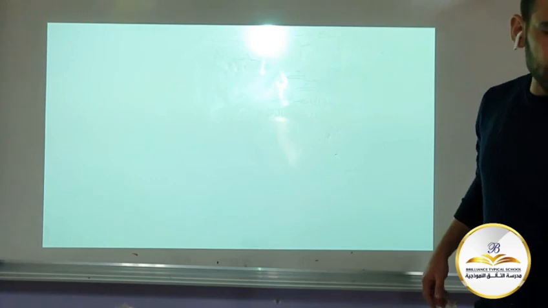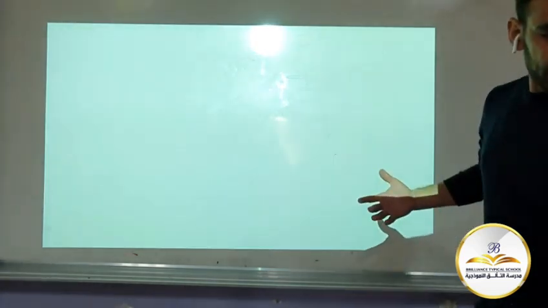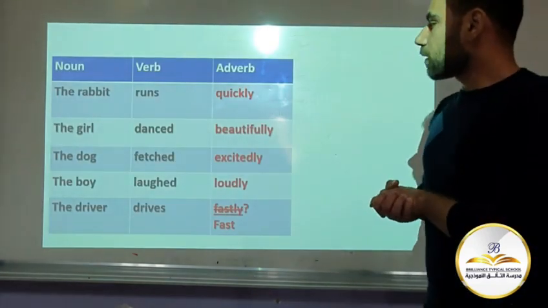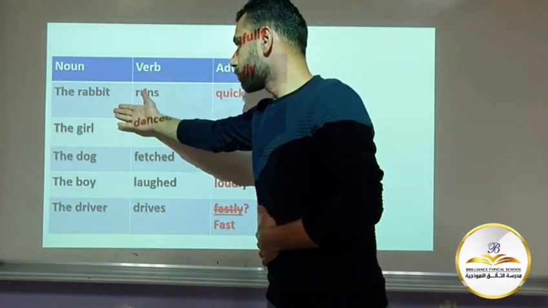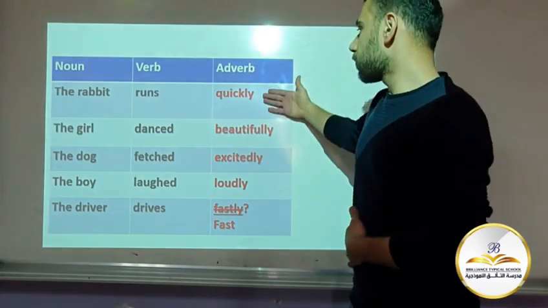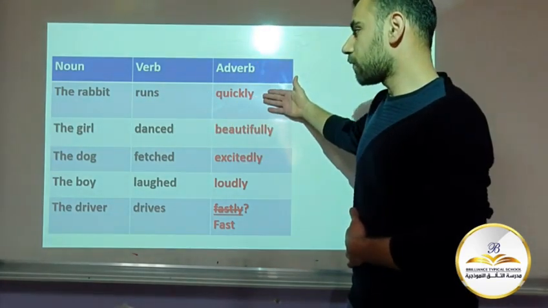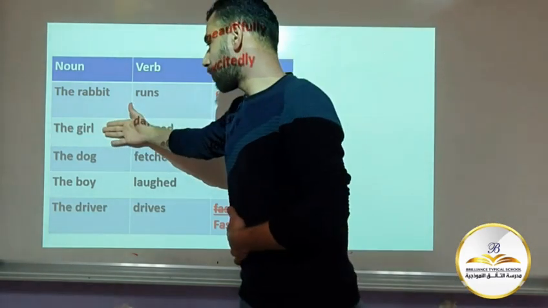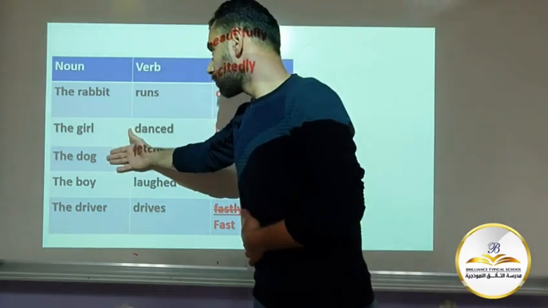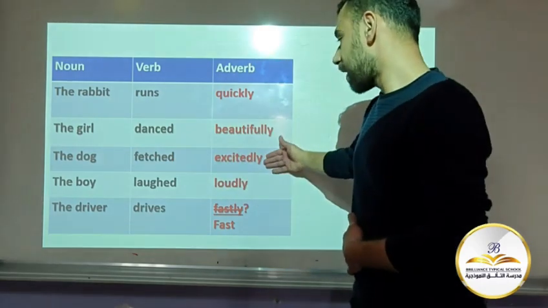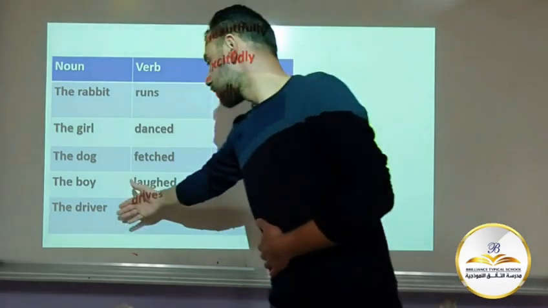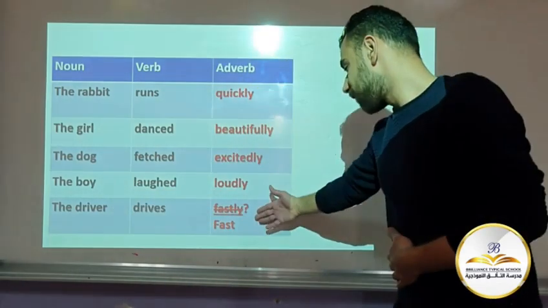Okay. So let's take a close-up at these sentences. First of all, in the first sentence, we have rabbit, which is a noun, and we have verb, which is runs, and we have quickly, which is an adverb. Here we have the girl danced beautifully, the dog fished excitedly, the boy laughed loudly, the driver drives fastly.